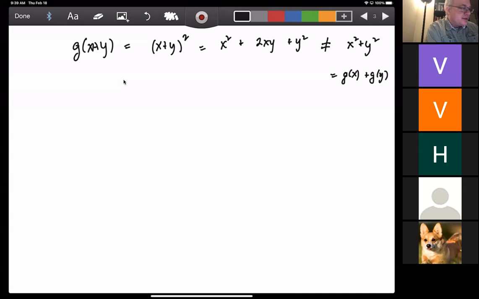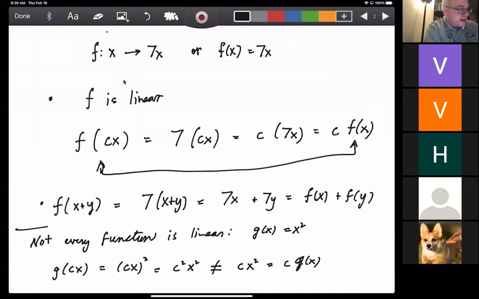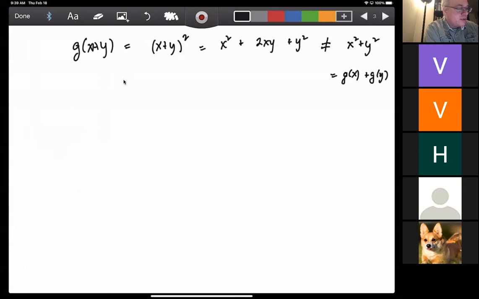And what's interesting is that linear systems of equations you can think of as well as being linear functions. So if we look over here, right, what was our function? It was just a constant times our input. Well, what if the input is a vector?